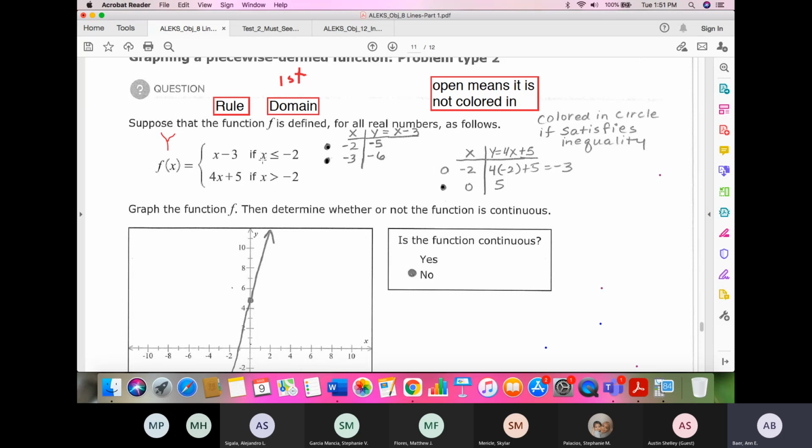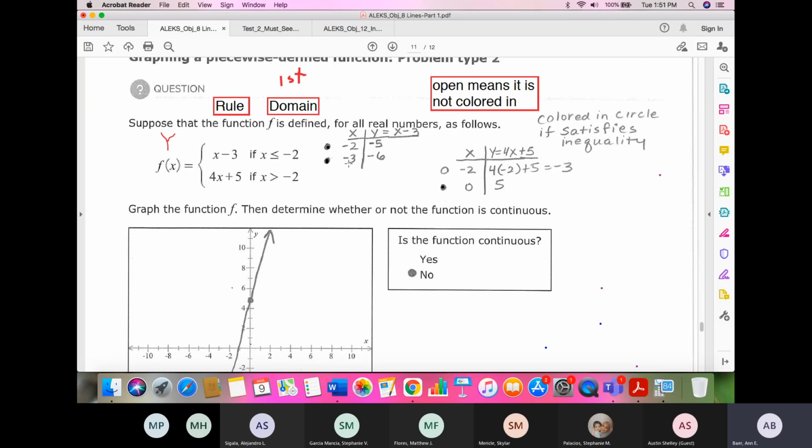That's why I colored this in here. Because this -2 satisfies this top rule, which is what we want it to do. It satisfies the top rule because this is the t-table for the top rule.